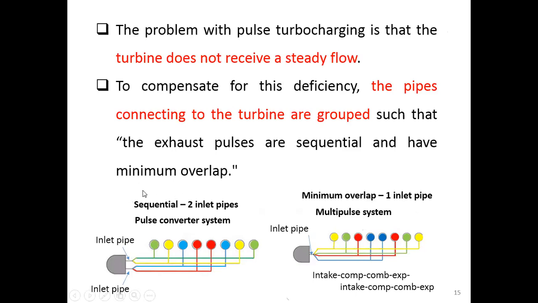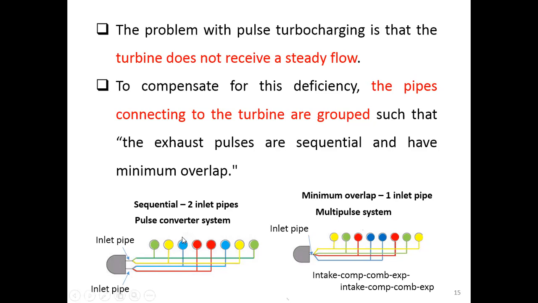To make the exhaust flow in sequence, we need two inlet pipes to our turbine. Each pipe will receive the exhaust flow from the cylinders, and it will alternately send this flow to the turbine.